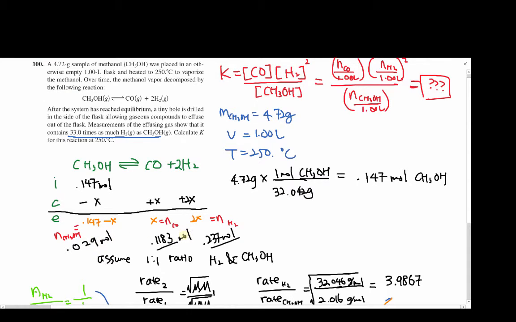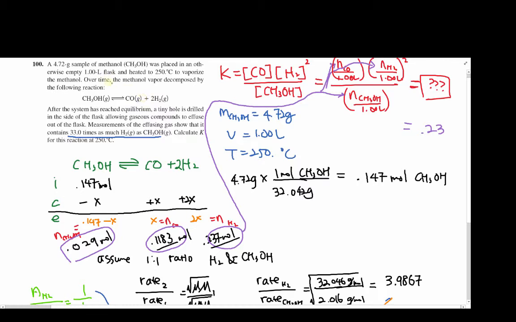And then you plug these values into our K. Goes here, goes here, and goes there. Make sure you put the right stuff. When you plug them in, you're supposed to get 0.23.